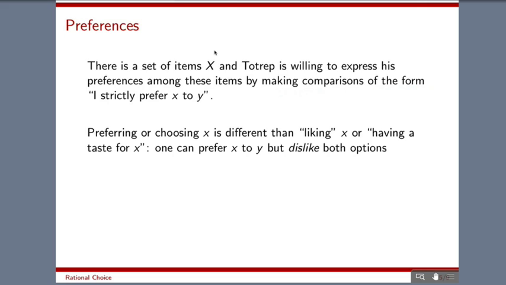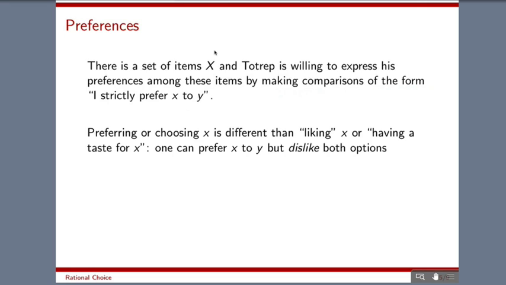Now, preferring or choosing X is different than liking or having a taste for X. You may be faced with a set of options that you just uniformly dislike. You don't like any of the available options, yet you still will be forced, or maybe in a position, where you have to express a preference among objects in that set.